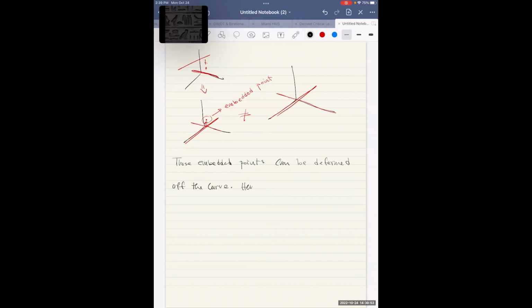Hence, we see that the Hilbert scheme parameterizes non-pure, meaning not only naked curves, non-pure one-dimensional subschemes in this case. Okay.